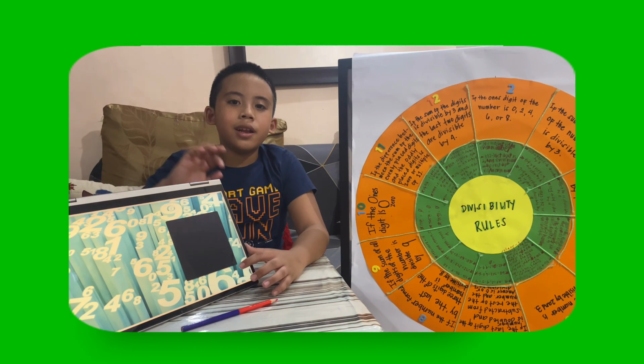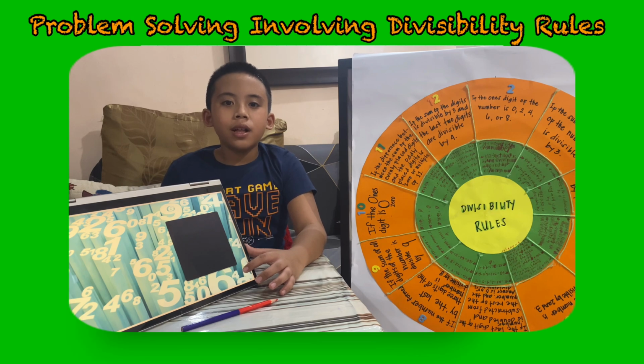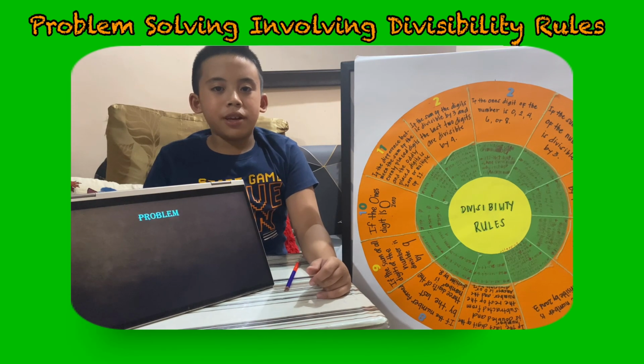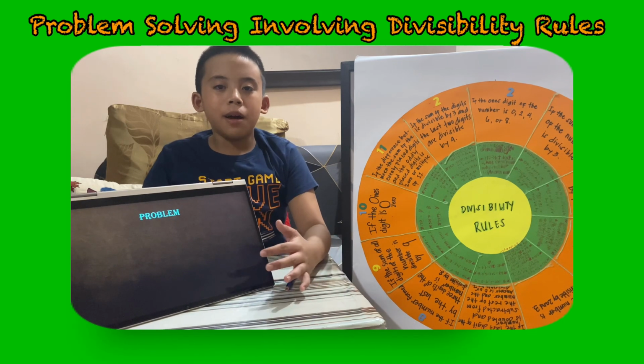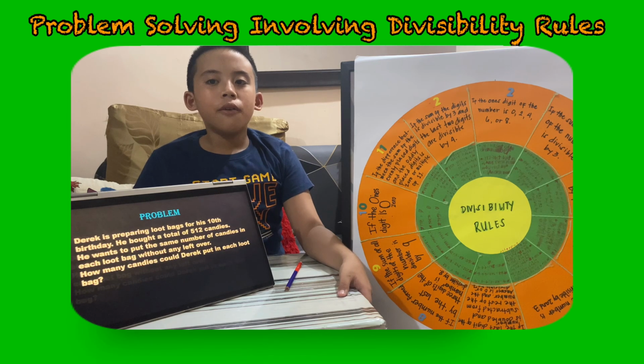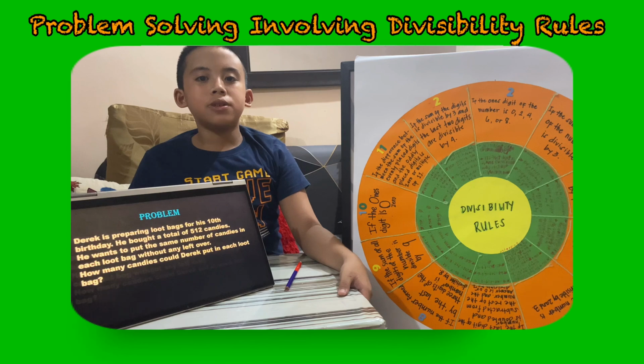Hello everyone, I'm back. Now let's apply everything we've learned earlier. Now let's read our real world problem. Derek is preparing loot bags for his 10th birthday. He bought a total of 512 candies.